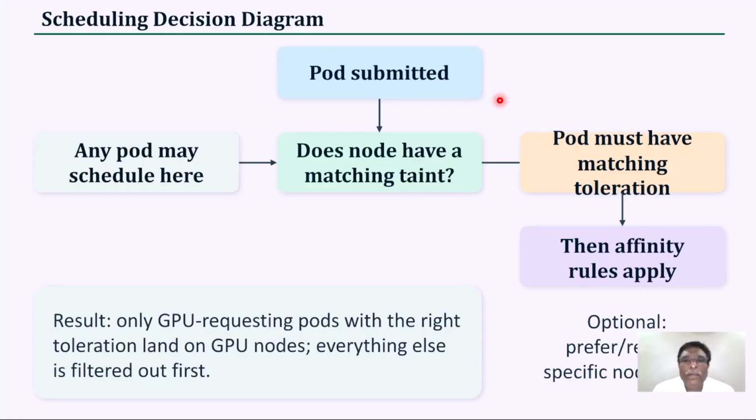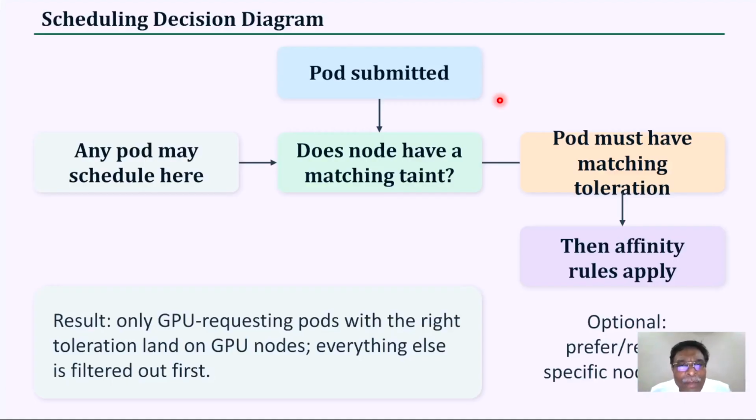So does the node have a matching taint? Pod is submitted. Any pod may schedule here. Pod must have matching toleration. Then affinity rule applies. So this is basically that only GPU requesting pods with the right toleration land on GPU nodes. Everything else is filtered out first.